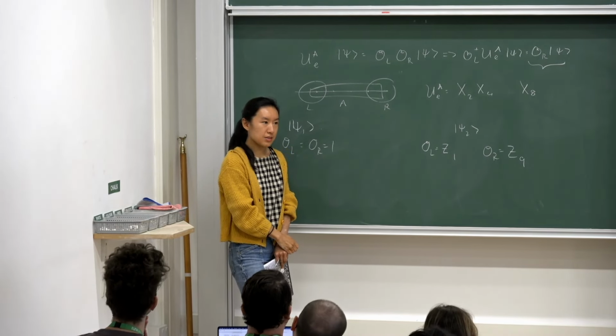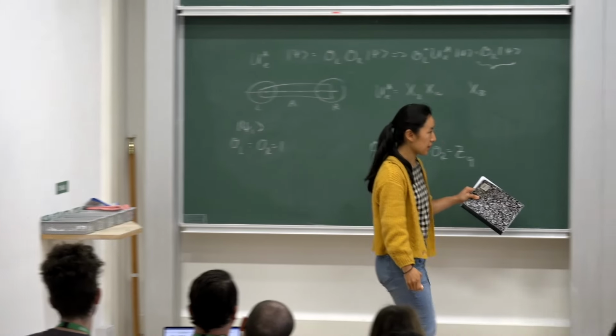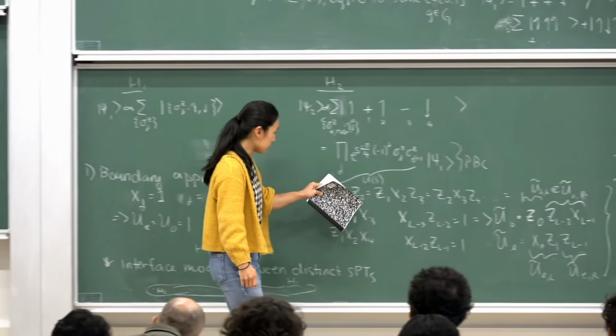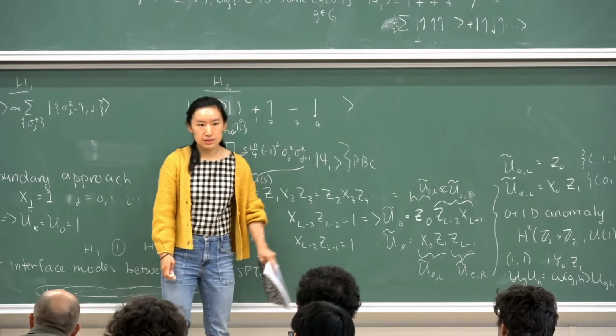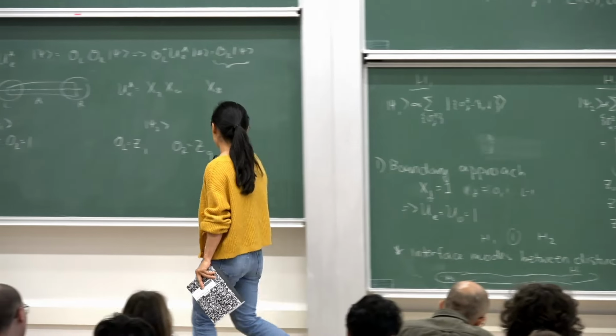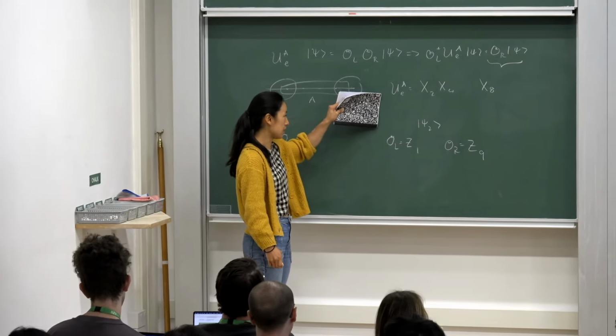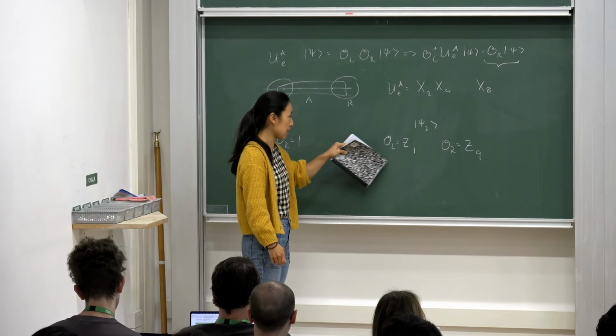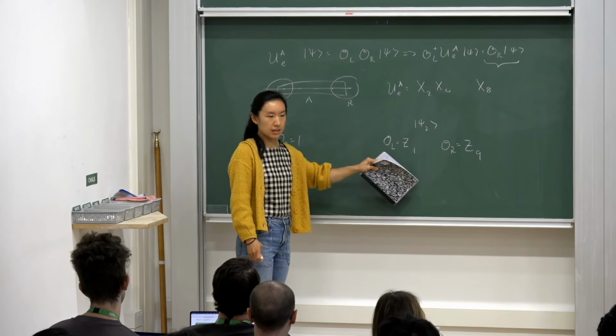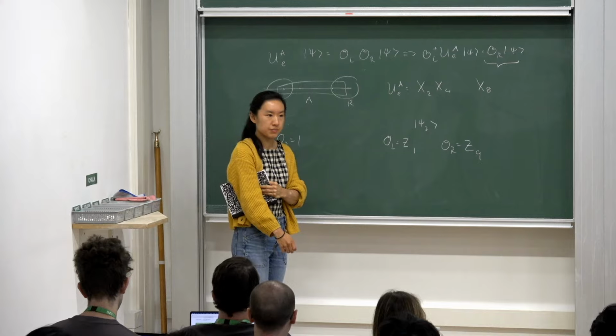You can work this out because the stabilizers, as we all know, equal 1 on the ground state. Then you can show that the symmetry action of this on psi 2 is equal to O_L O_R on psi 2, where L and R are both sigma Z operators.